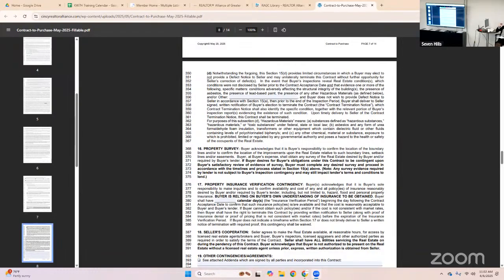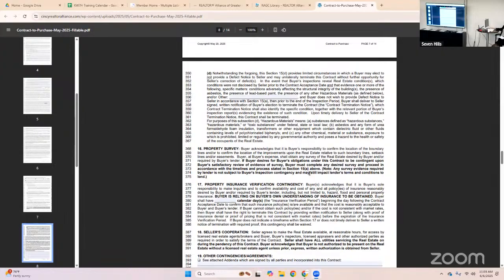If buyer desires for buyer's obligations under this contract to be contingent upon buyer's satisfactory review of evidence of survey, buyer must complete any desired survey and proceed in accordance with the timelines and process stated in section 15A above. Any survey evidence required by lender is not subject to buyer's inspection contingency and may still impact lender's time and conditions to lend.